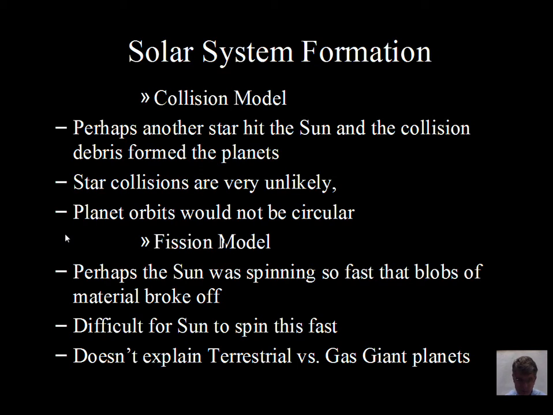Well, the speed that the sun would have to be spinning is too fast. And it's not easily seen how the sun could get up to that rate where it almost flies apart. And it does not explain the difference in the composition of the terrestrial and the gas giant planets. So that model's not so good.